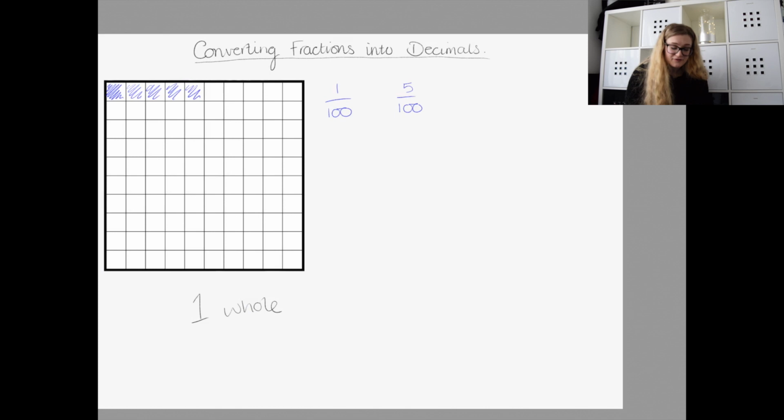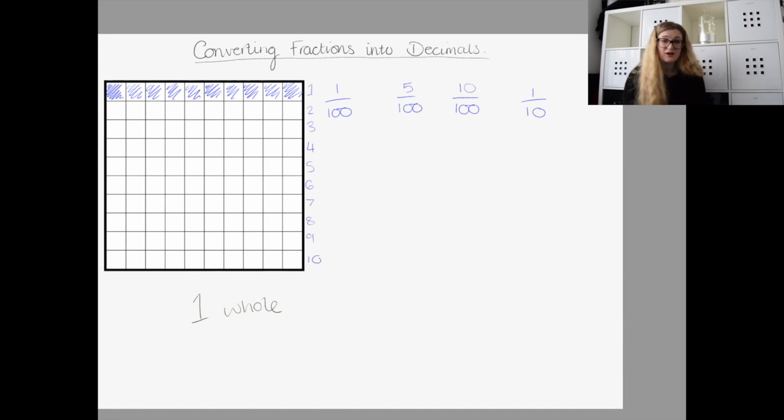I've got my 5 coloured in, 6, 7, 8, 9, 10. So 10 parts coloured in gives me 10/100ths. Now this is also 1/10, because I've got one row out of 10 rows coloured in.